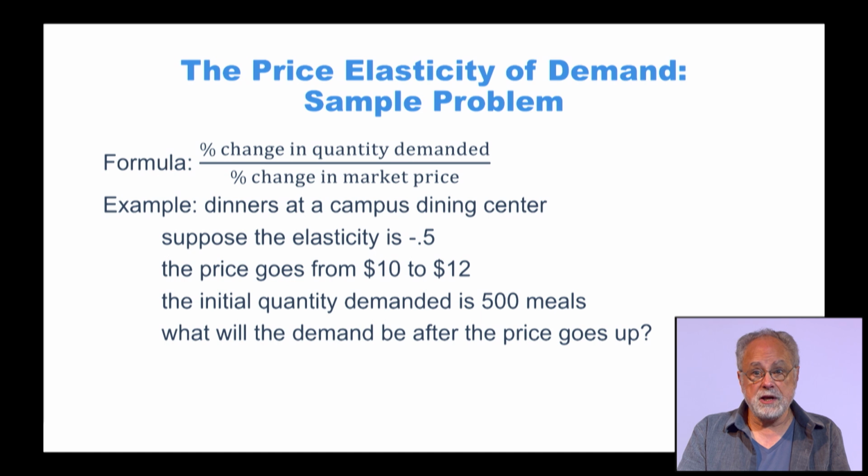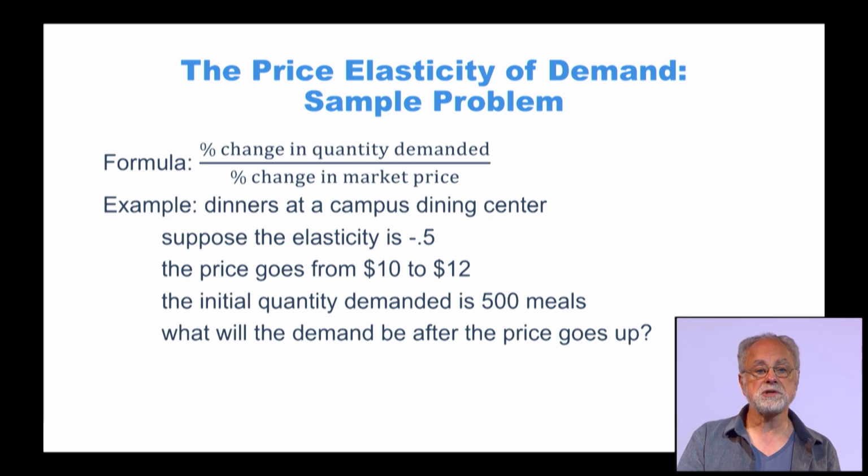Imagine also that the initial price is $10 a meal, and the campus authorities are thinking, what will happen if we raise the price up to $12? Will we make more money or less money? What kind of a drop-off in demand will there be for these meals? So suppose, third little input here to the problem, that the initial demand is 500 meals a night.